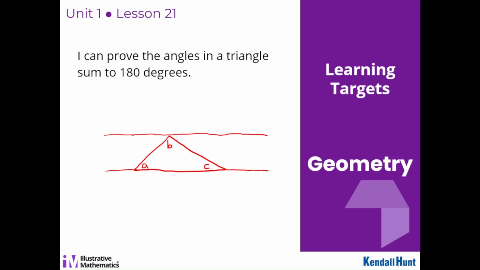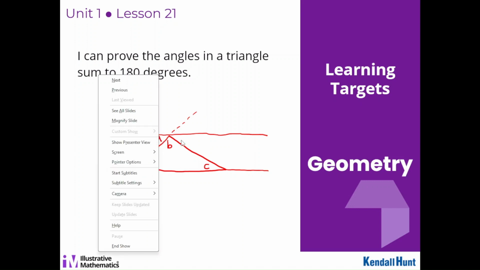So now that I know these lines are parallel, if I say that this left side of the triangle is a transversal, then because I have two parallel lines cut by a transversal, I know that the opposite interior angles are the same. So if this bottom corner here is A, then the opposite interior corner is also A.